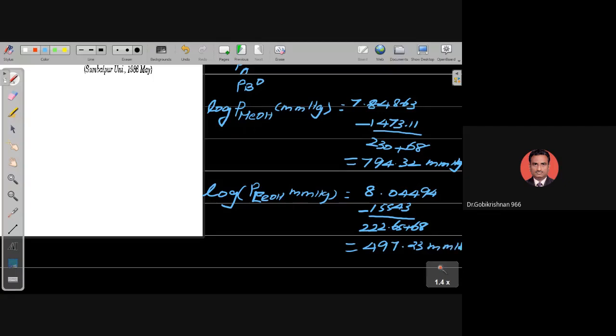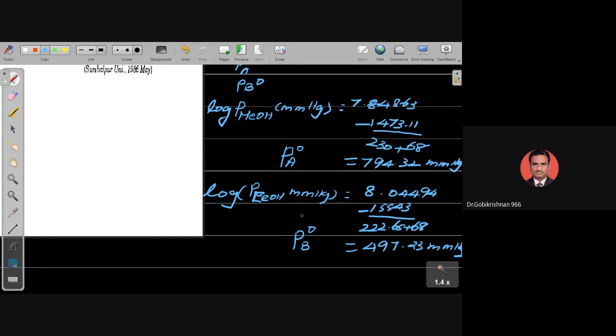This is the equilibrium vapor pressure, PA0, of methyl alcohol, and this is the PB0 of ethyl alcohol, at the temperature of 68 degrees. With these two values, we are going to find the value of X and Y. X is the mole fraction in the liquid, the mole fraction of methyl alcohol.